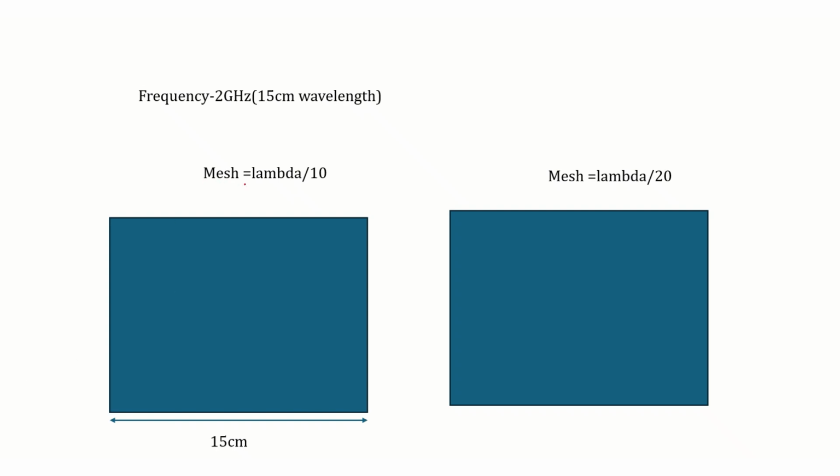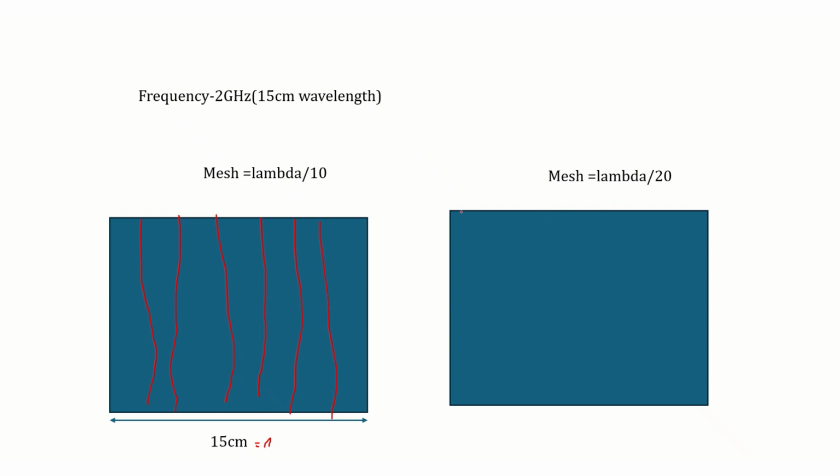If we say mesh is equal to lambda by 10, that means here lambda is 15. So the structure dimension is equal to lambda, right? So this structure has to be divided into 10 same structures like this. This is how the meshing happens.